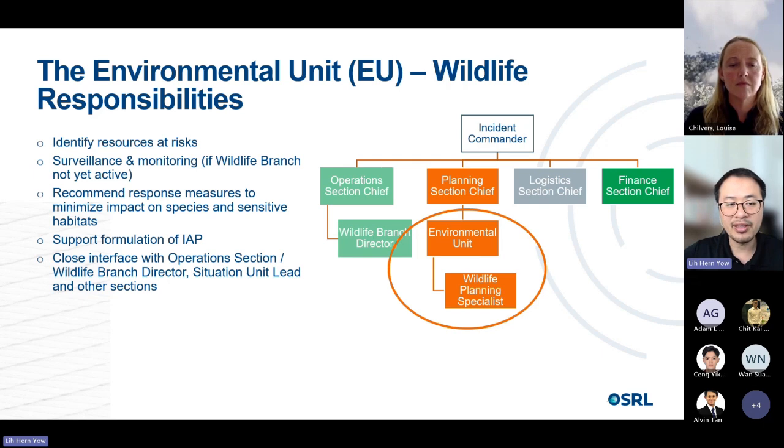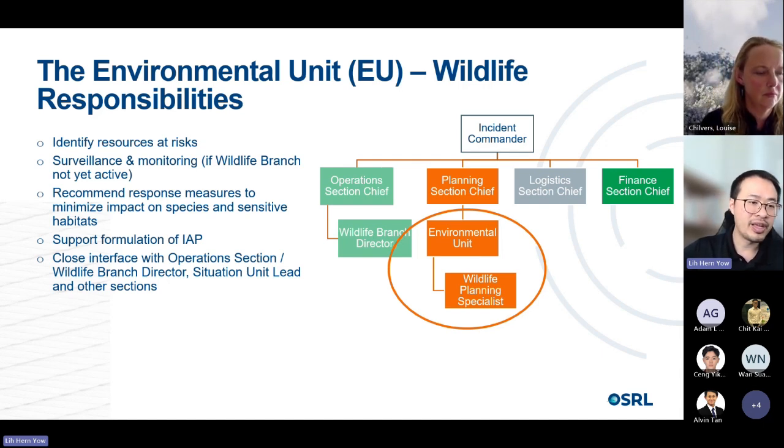So the environmental unit leader will be the one who collects all the data, all the information, and at the same time, he or she will be the one who recommends response measures. Because the wildlife planning specialist, if activated, likely will be sitting under the environmental unit leader as well. So together, he or she will be able to provide recommended response measures, how to minimize impact on the species.